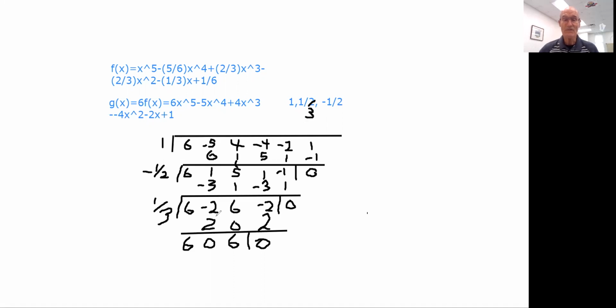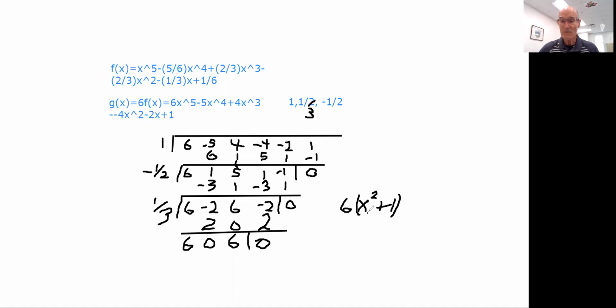Now what you notice is, since you started with a 5th degree polynomial, you now have a 2nd degree, which means you have 6x squared, or you can factor out the 6. So you get x squared plus 1 with 6 multiplied by it.